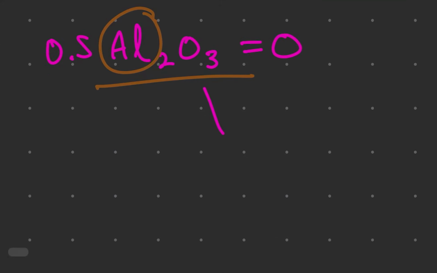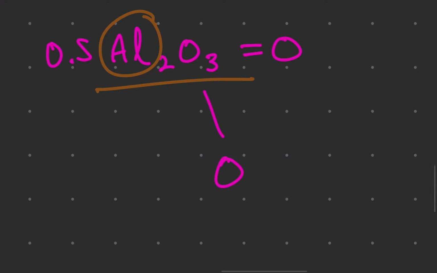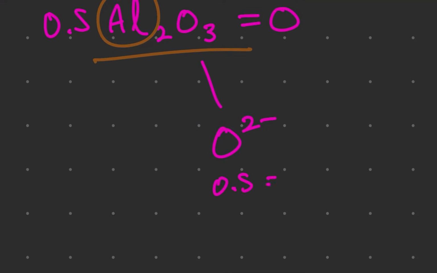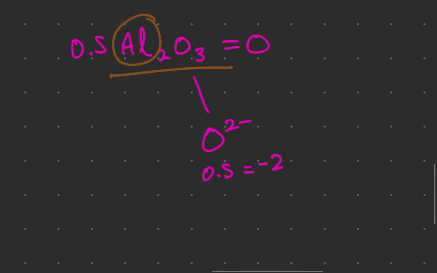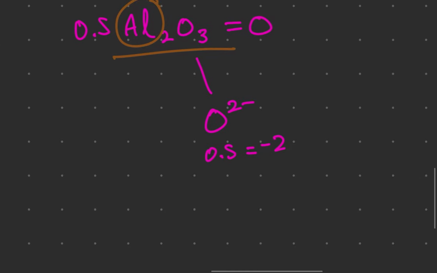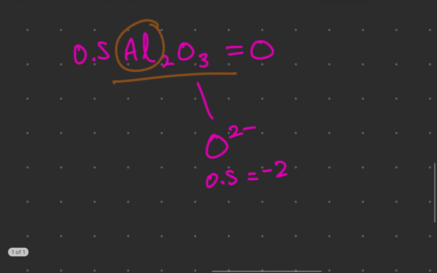So I know that oxygen in aluminum oxide is in the oxide form, so its oxidation state will equal -2. But for aluminum, that's what I'm trying to find. The oxidation state of aluminum when added with the oxidation state of the oxide must form 0.